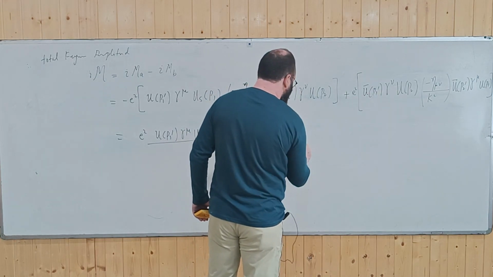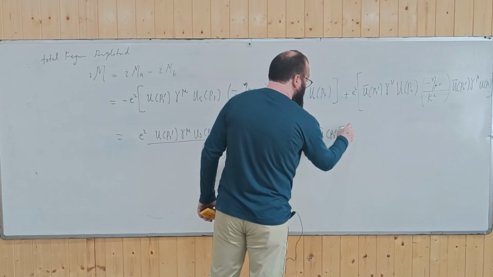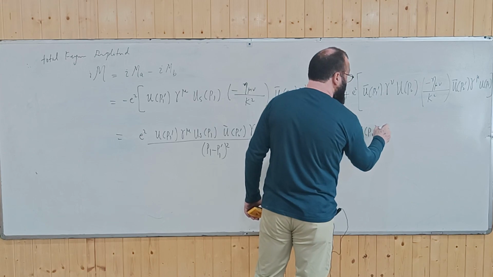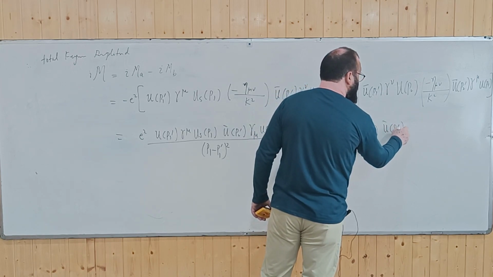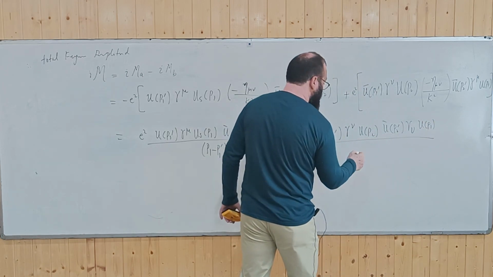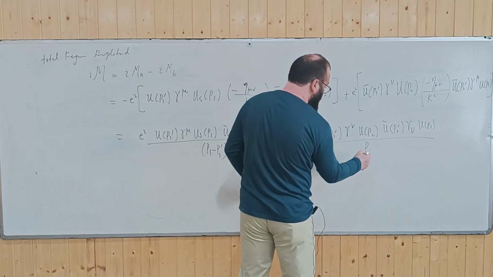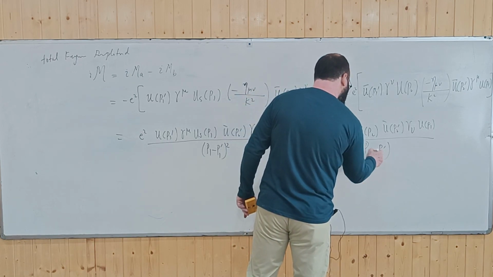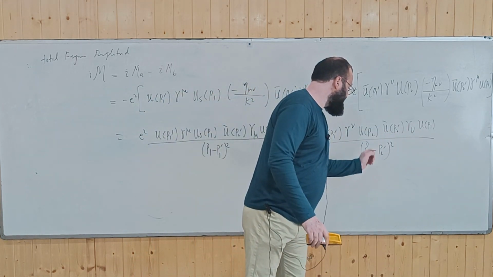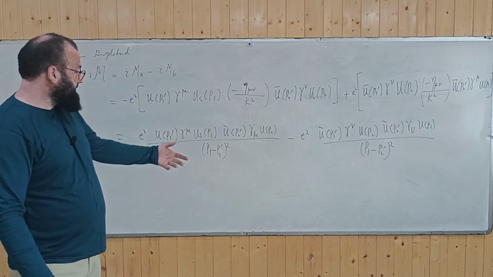So this plus and that, it will be minus e square u bar p1 prime gamma nu u of p2 u bar p2 prime gamma nu u of p1, divided by k square. Since there is an exchange of momentum, I will write p1 minus p2 prime whole square, and for this one p2 minus p1 prime whole square. Clear? So this is our Feynman amplitude.